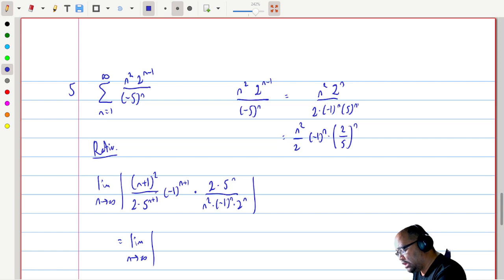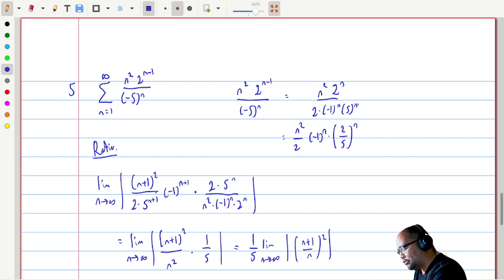It looks like I have n plus 1 squared over n squared times a 1 over 5 left over. The 1 over 5 I can pull out of the limit, and I just have n plus 1 over n squared, and that definitely goes to 1.